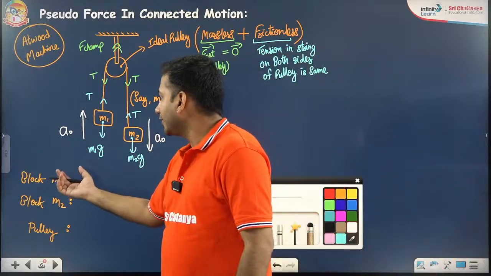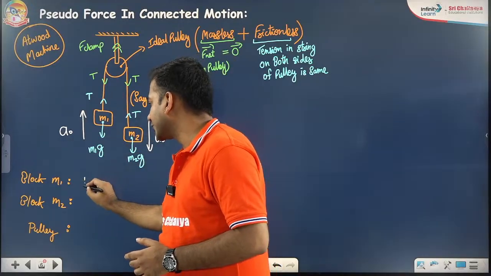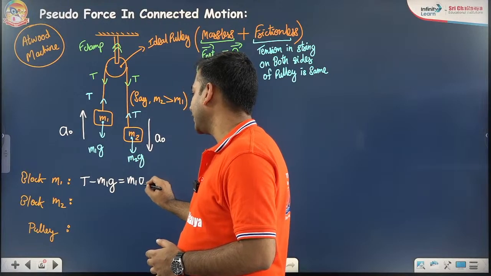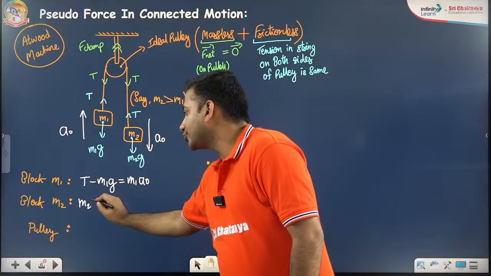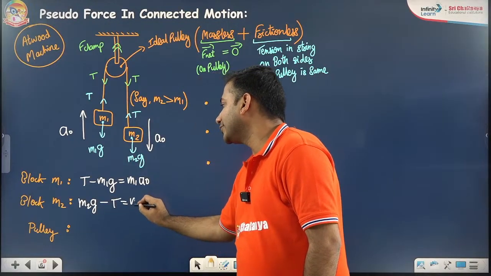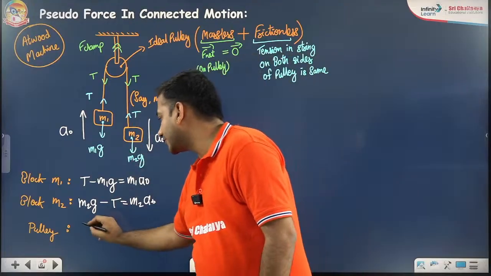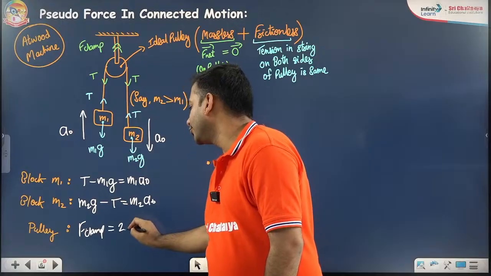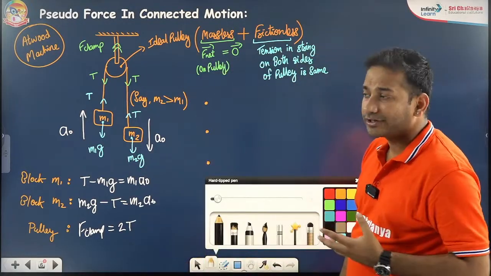So block M1, since it is accelerated up, bigger minus smaller in the direction of bigger one, T minus M1G is equal to M1 A0. For M2, since the bigger one is downwards, M2G minus T is equal to M2 A0. And for the pulley, you can write net upwards must be equal to net downwards. So F clamp must be equal to 2T. So if you solve all these equations, basically you will get some good results.